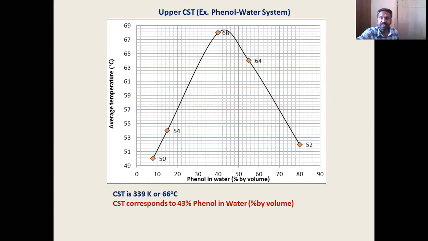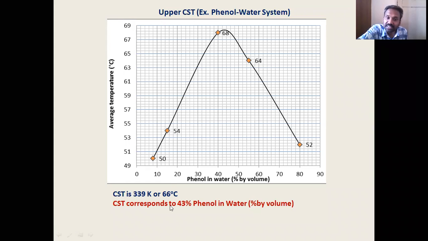Now, what is the significance of this critical solution temperature? It is simply this. 66 degrees Celsius is the critical solution temperature of the phenol water system. Above 66 degrees Celsius, any composition of phenol and water is fully miscible.